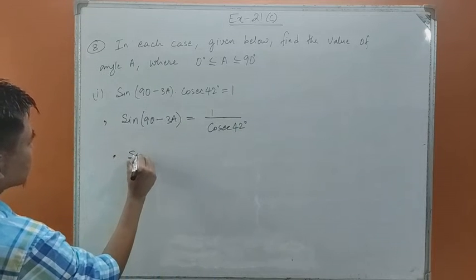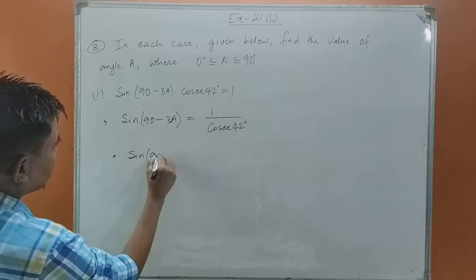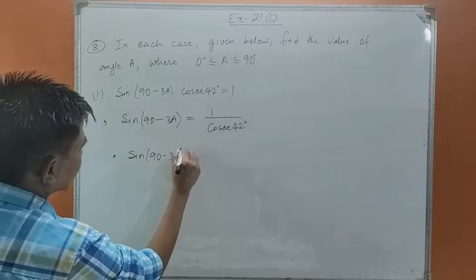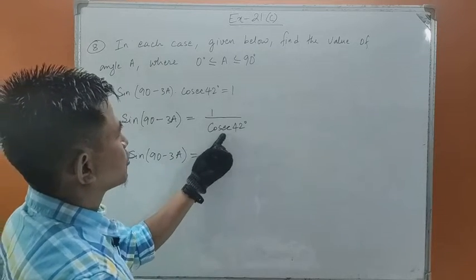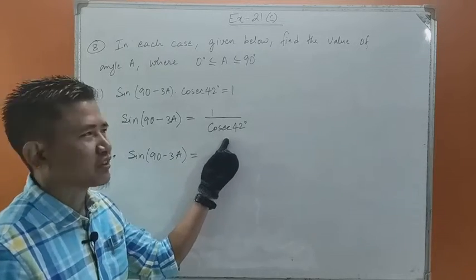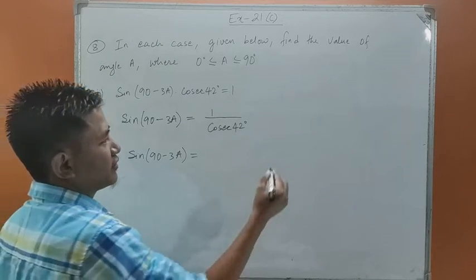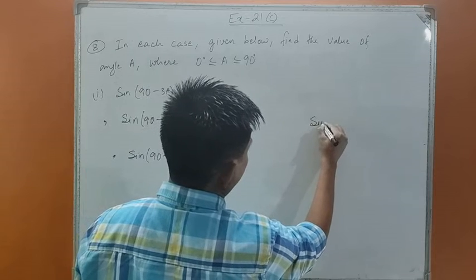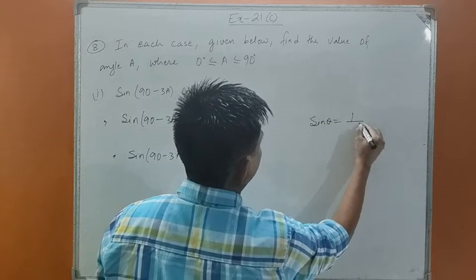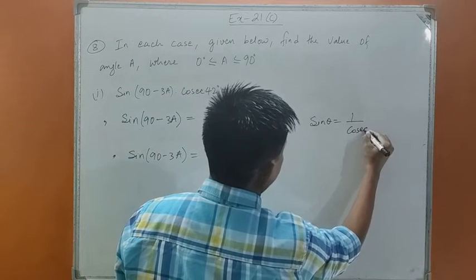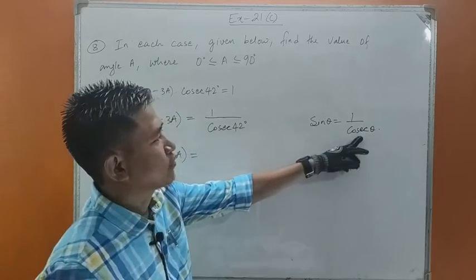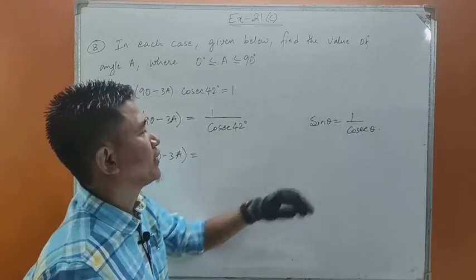So sin(90 minus 3A) equals, cosec theta is just the opposite of sin theta, isn't it? Cosec theta and sin theta are reciprocals of each other, since you know that sin theta equals 1 upon cosec theta. So if you take cosec theta to the numerator, it becomes sin theta.